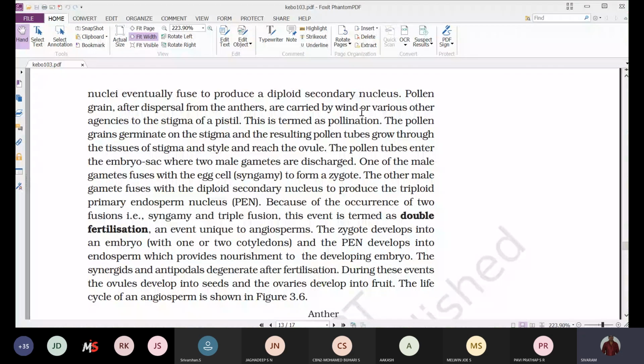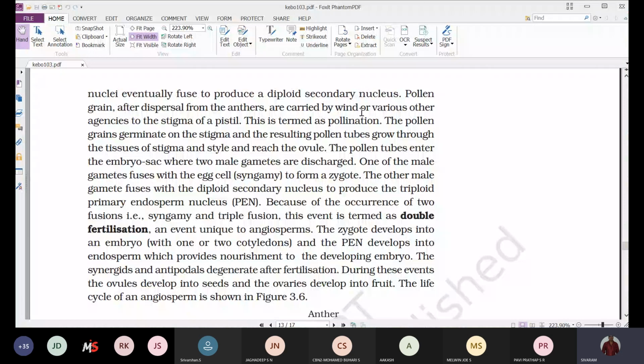Once the pollination is done, that means once the pollen grains have reached the stigma, the pollen grains germinate on the stigma. That means the pollen tube emerges out of the pollen grain. Once the pollen grain falls on the respective stigma, it germinates.